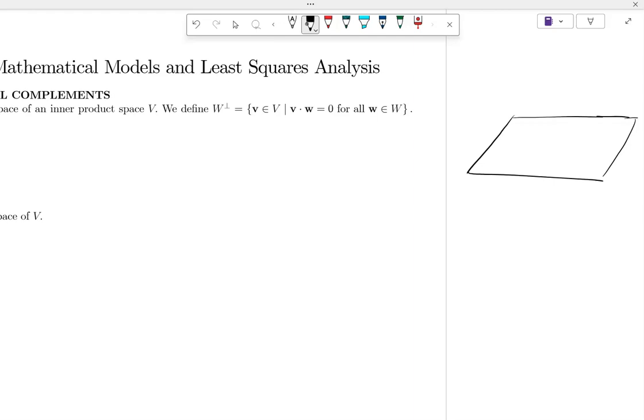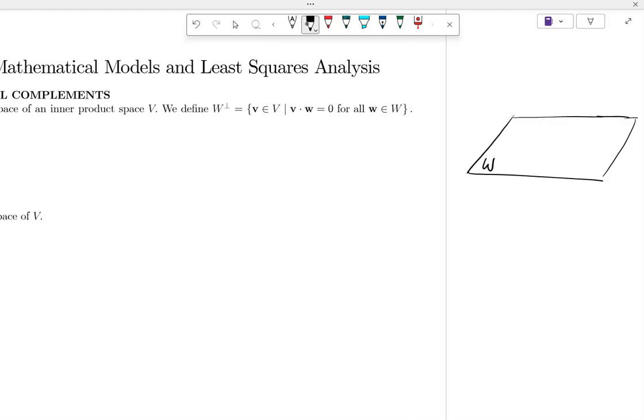Say this is my W. If I have a 2-dimensional subspace in R3, I've only got 1 dimension left, right? So I'm going to have a subspace that's going to kind of complement W in R3. That subspace is going to have dimension 1.